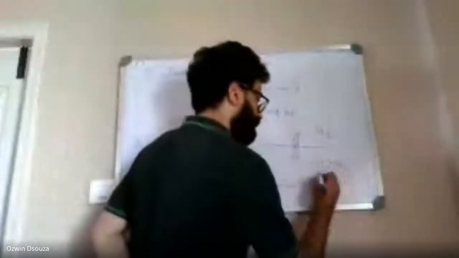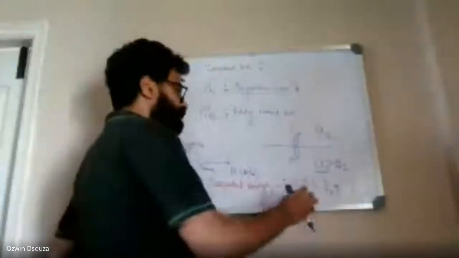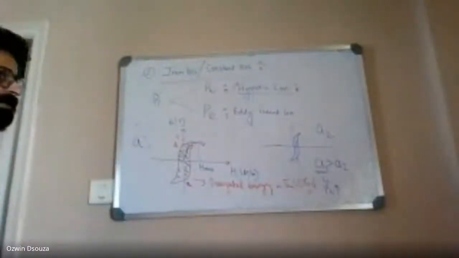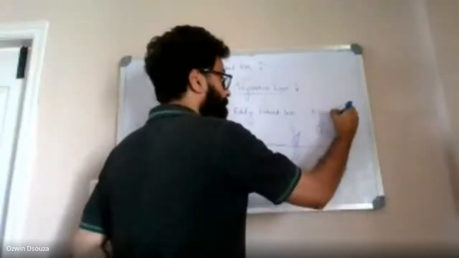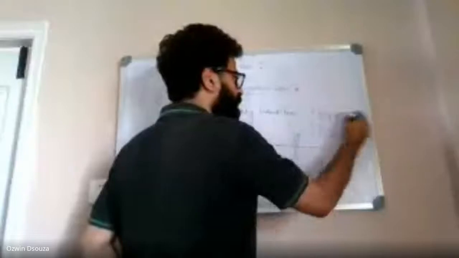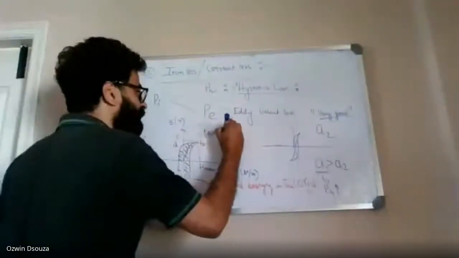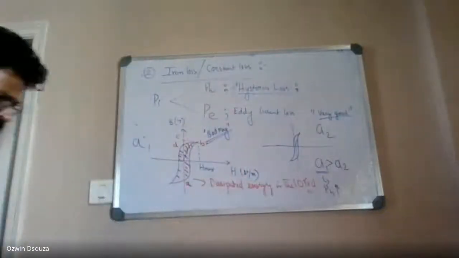Whenever area is larger, hysteresis loss will also be greater. So the thinner hysteresis graph you can expect from a very good magnetic material, and the one which gives a fatter curve can be regarded as bad magnetic material.